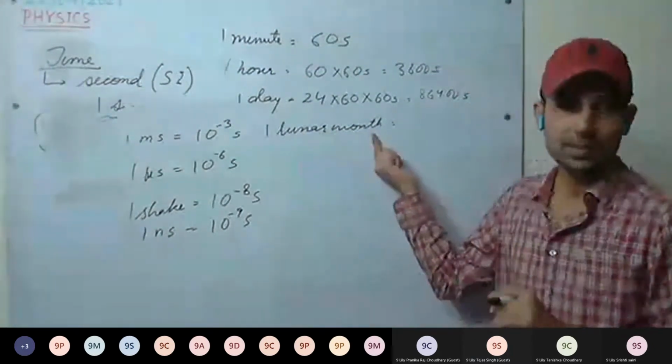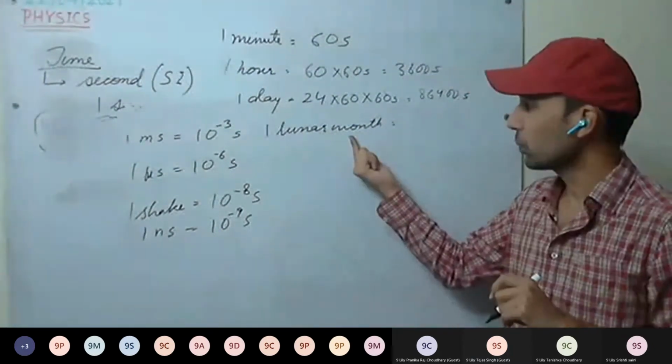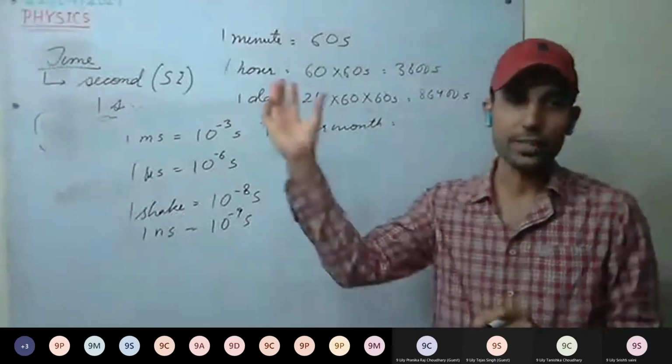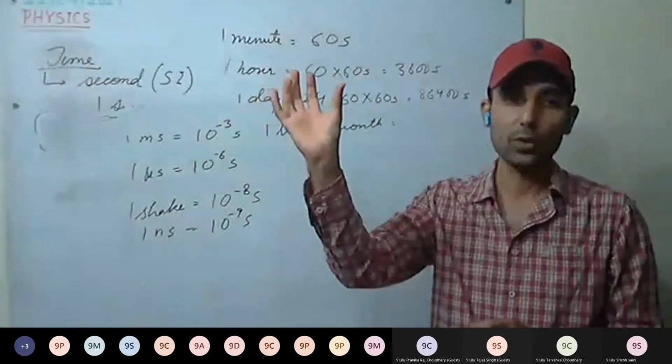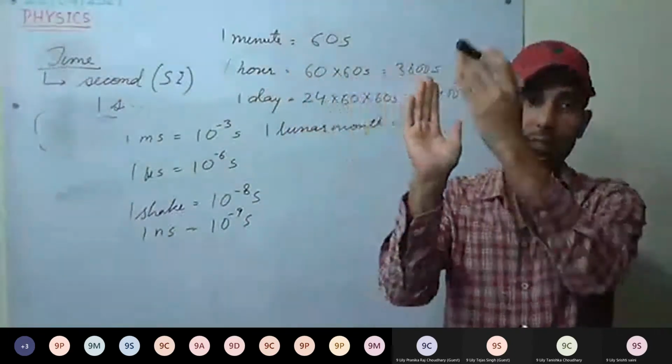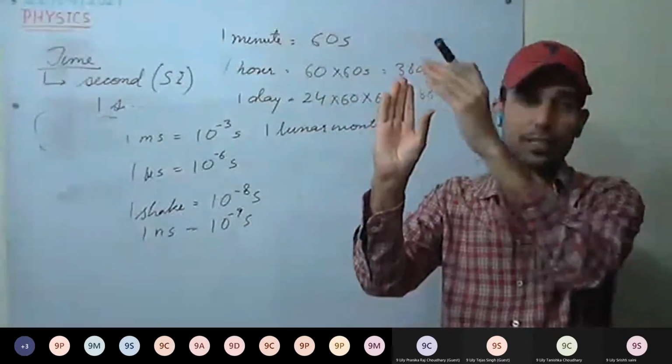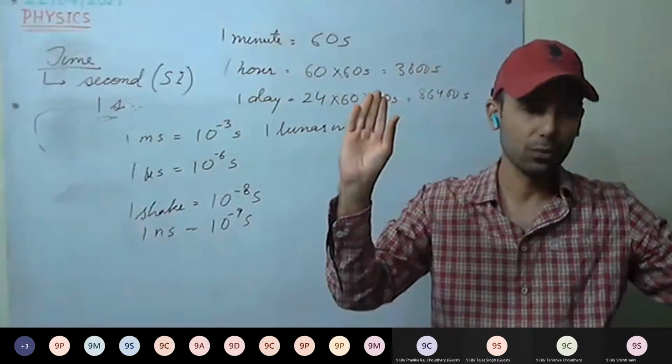1 lunar month is related to the moon. You have seen the phases of the moon. New moon is the smallest, then it keeps on increasing till it becomes full moon.